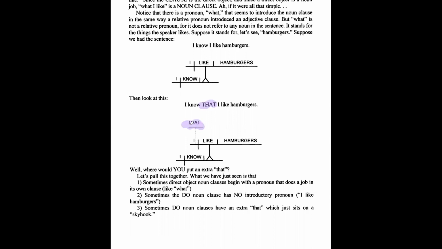Now you may be worried and say, okay, well, I thought all I had to do was find relative pronouns. And if I found a relative pronoun, then I'd be able to find the adjective clause. And so that, it looks like a relative pronoun. So it must be that there's an adjective clause afterwards.